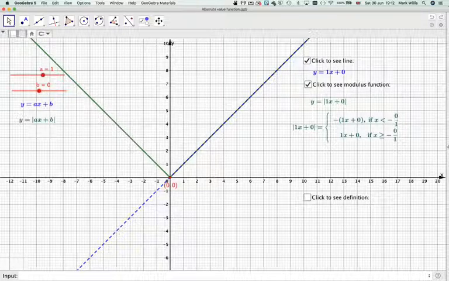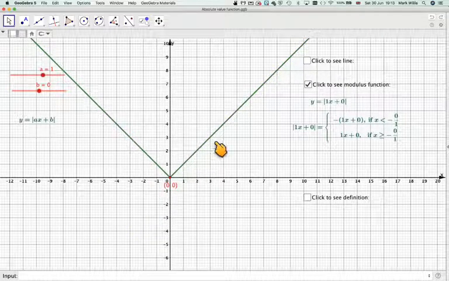Okay, so the graph of the absolute value function of x is going to be this V-shape here, not this bit here. We can remove that. But before we do, all I've done is reflect all the points in the x-axis. Let's just remove that. So this is the absolute value function of x.